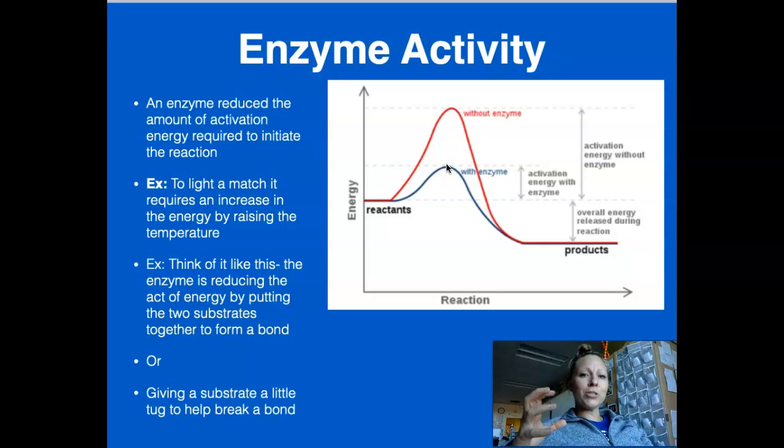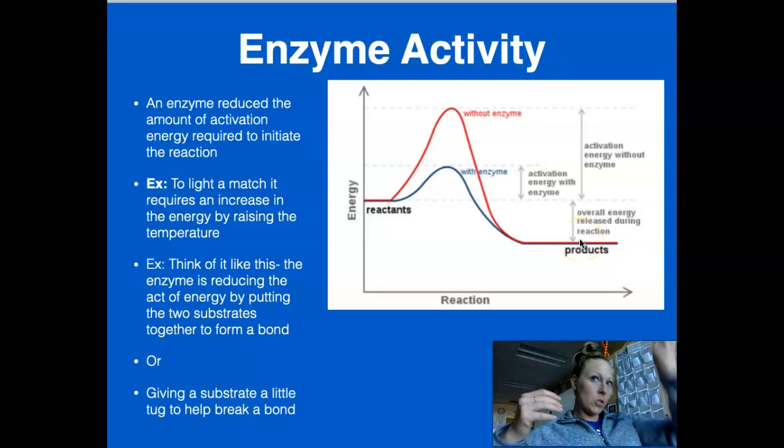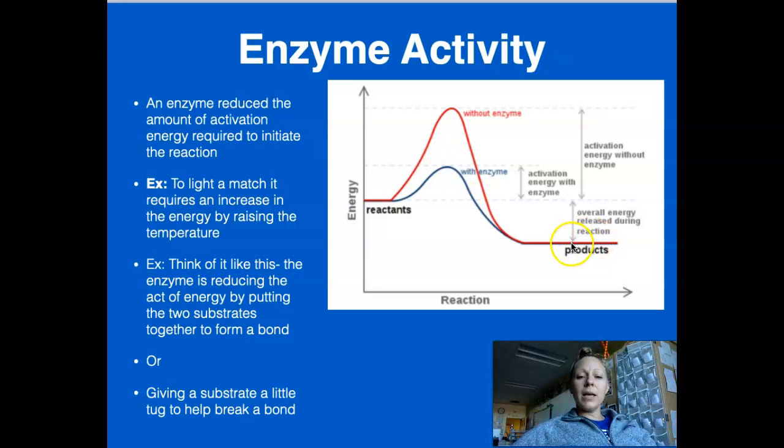And once the temperature is high enough, once there's enough heat in this system, the chemical reaction will continue and it'll give off energy. So here we strike the match, we add energy, and then once we reach ignition temperature, the chemical reaction is going to proceed and give off energy, and the products are going to have less energy. The carbon dioxide and the soot is going to have less energy than the reactants.